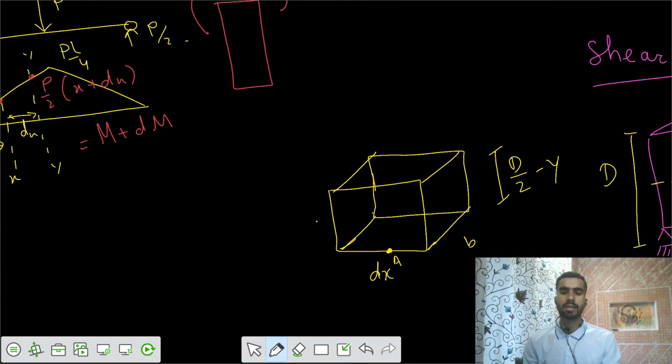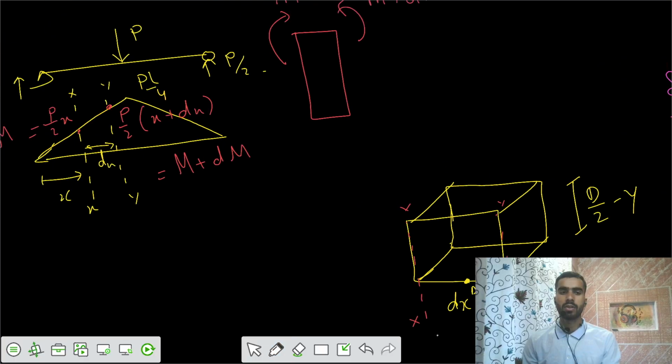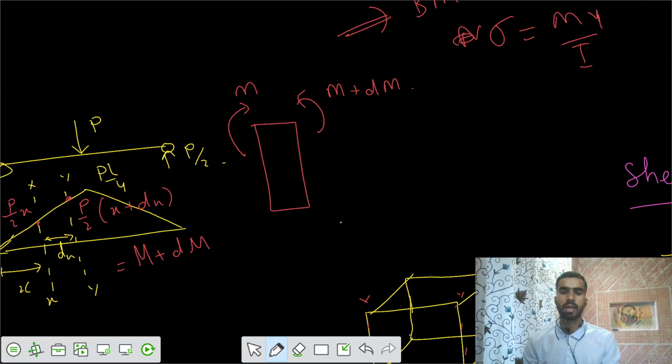So we have this section, the XX section, then from this side the YY cross section. We know that the variation of these bending stresses would be in this way: compression and tension. In the top we have compressive stresses, and in the bottom we have tensile stresses.